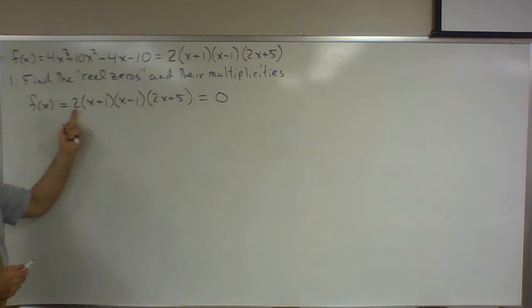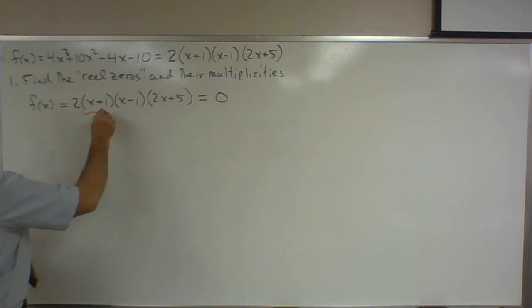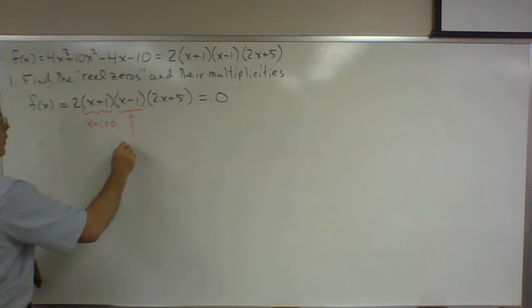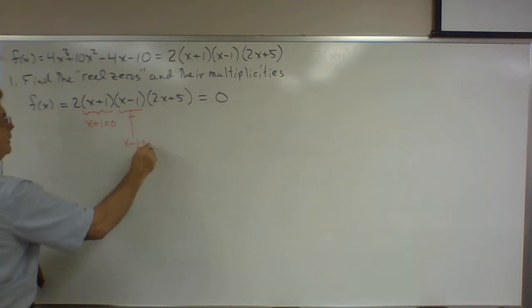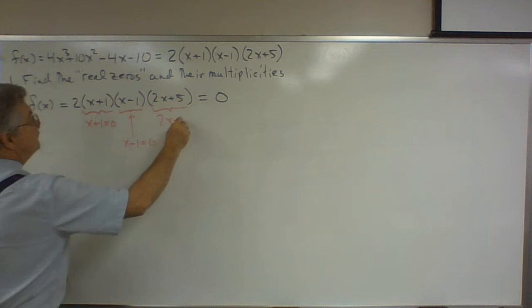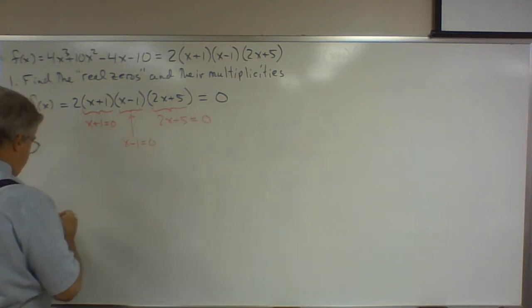And it sure can't be this one. This is always equal to 2. But x plus 1 could equal 0. Or x minus 1 could equal 0. Or 2x plus 5 could equal 0.